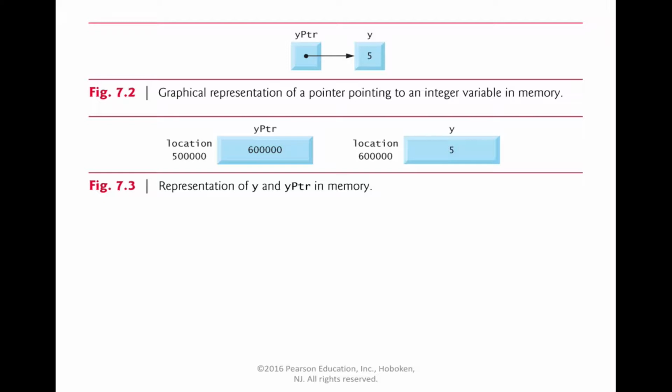So that is how a pointer works. The pointer holds a memory location, a memory address. It has enough room to store a memory address on the system that it is running on. It stores that memory address, and then the memory address actually has the value that we're looking for.